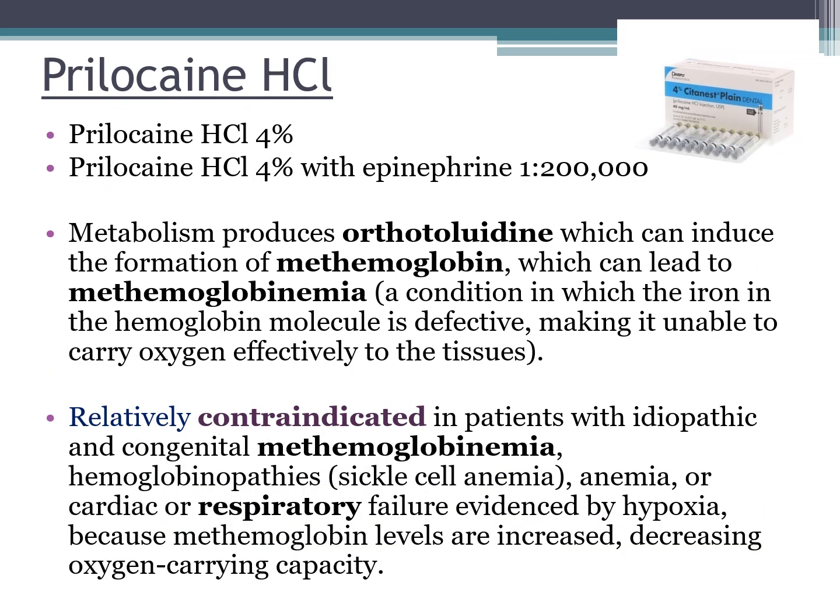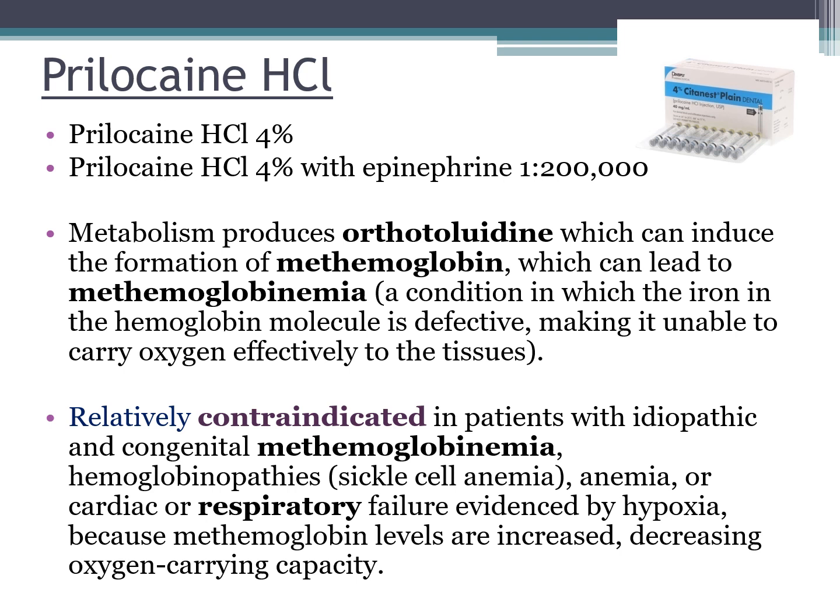Prilocaine HCl 4%, or prilocaine HCl 4% with epinephrine 1 in 200,000. Now, with prilocaine, it is metabolized and it produces orthotoluidine, which can induce the formation of methemoglobin, which can lead to methemoglobinemia, a condition in which the iron in the hemoglobin molecule is defective, making it unable to carry oxygen effectively to the tissue.